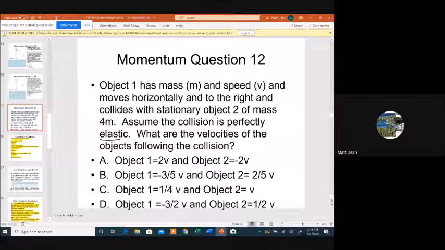Note that it's an elastic collision, meaning that both momentum and kinetic energy are conserved. So again, we're trying to find the velocities of two objects, mass 1 and mass 2. I'm going to go to a slide here where I already have the solution worked out.